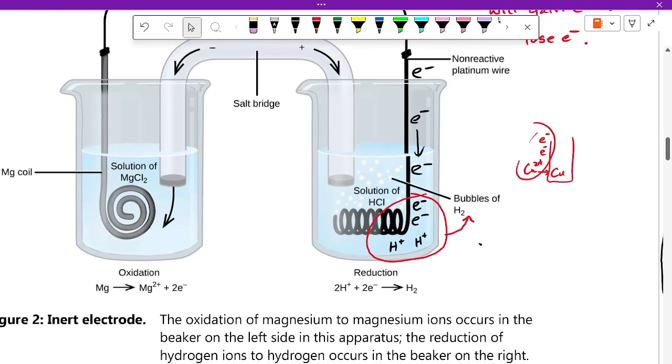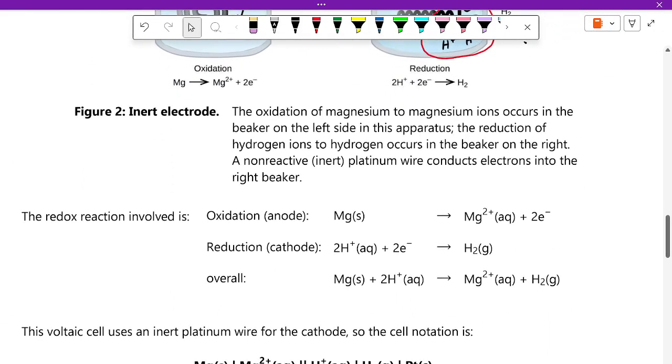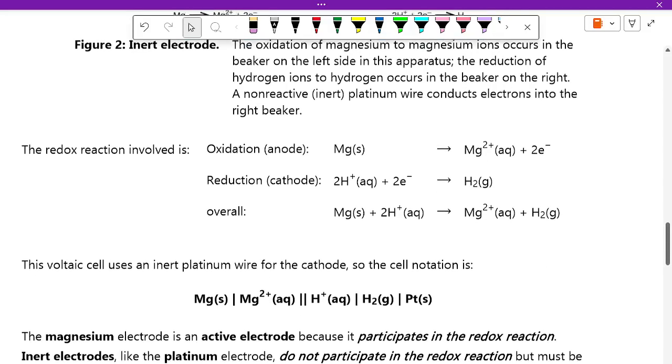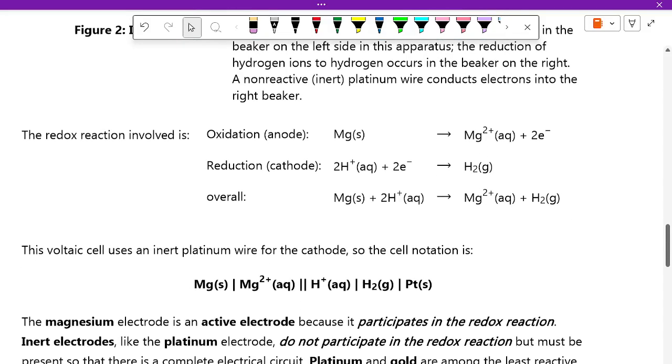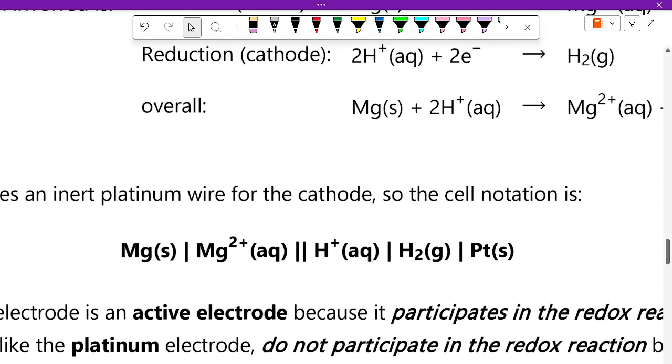Okay. And so this one, I wouldn't worry about the cell notation for this. If you're interested, you can look at it. We have our anode. We have our cathode. And then we have whatever's in the beaker.